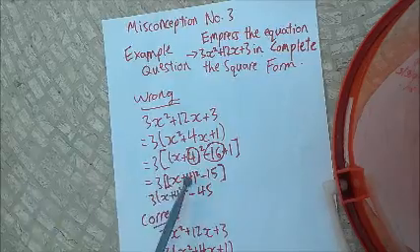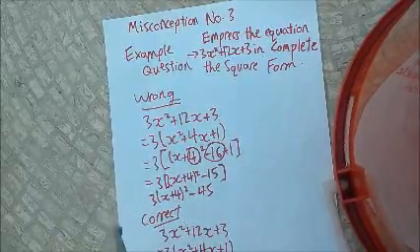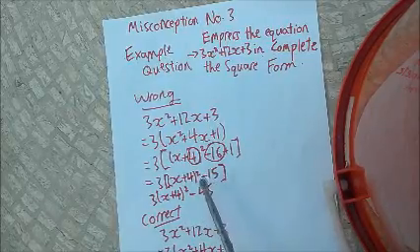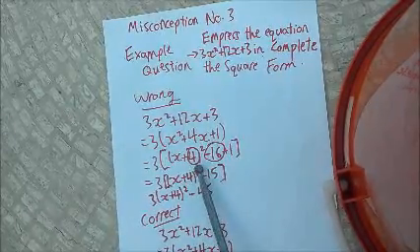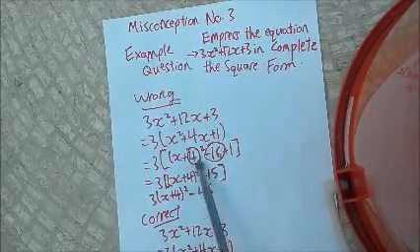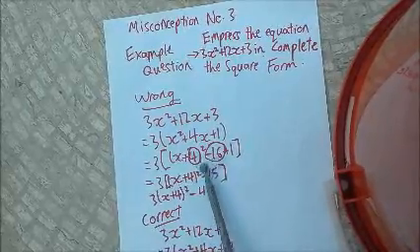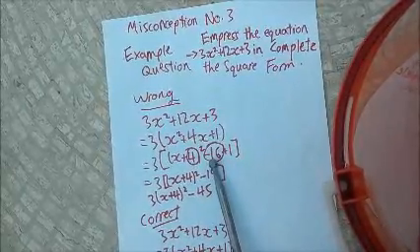As you can see, in these two circled numbers, this is where the mistake and the misconception is, because we forget to divide bx by 2. So in fact this 4 over here should be 2, and this minus 16 should be minus 4 instead.